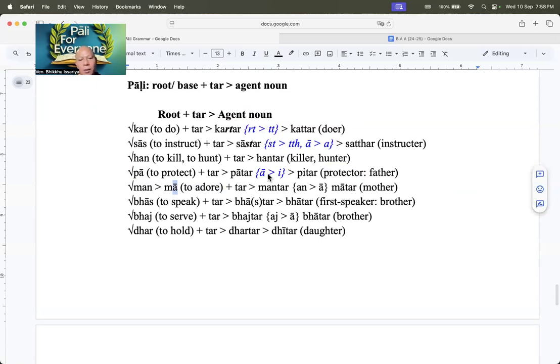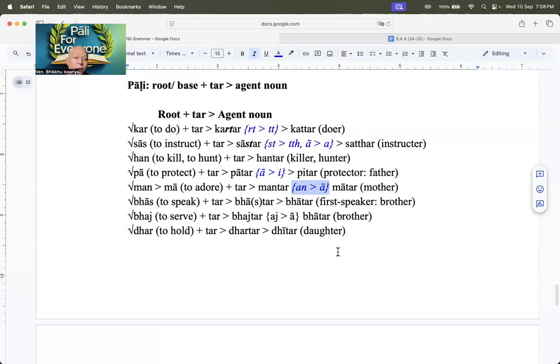So here that man is changed to ma. So mandar, or maybe mata, later changing at this point. Okay, so mata, one who adores her children, that is mother.